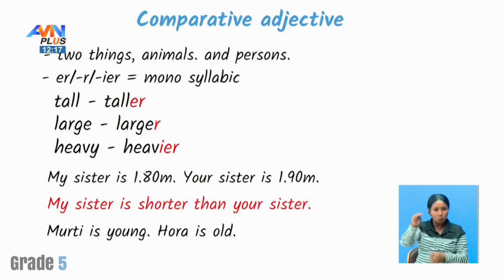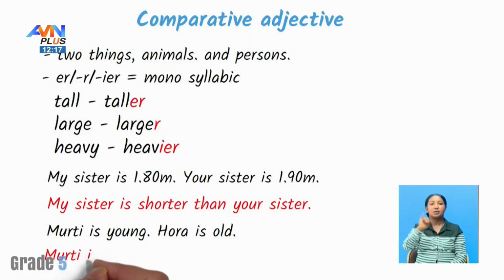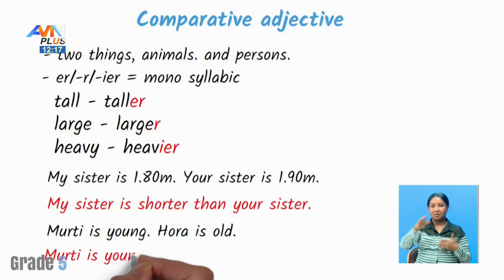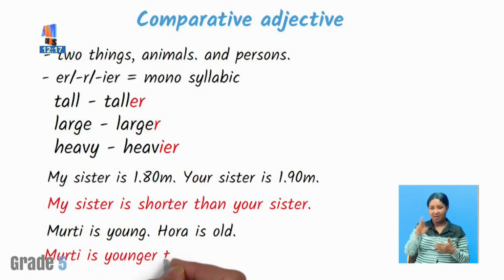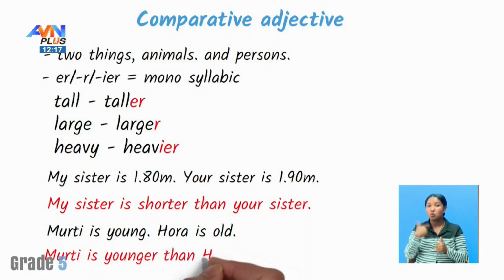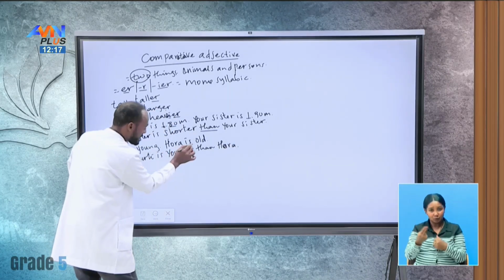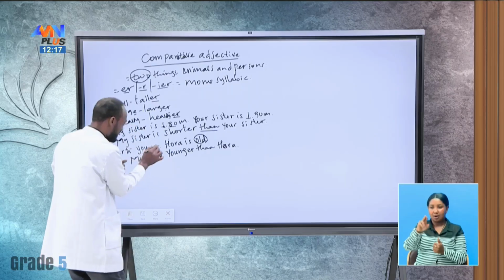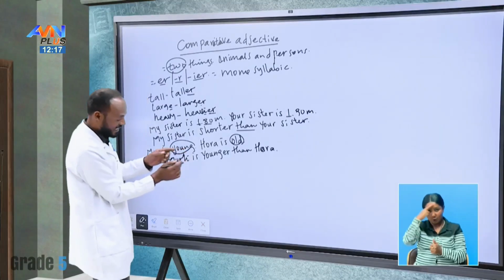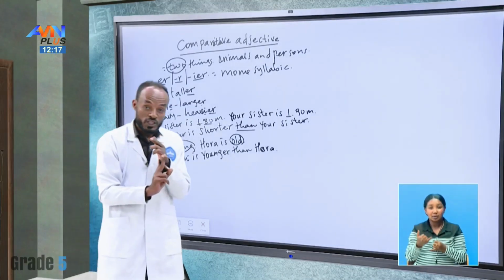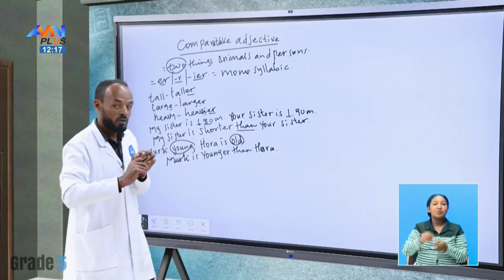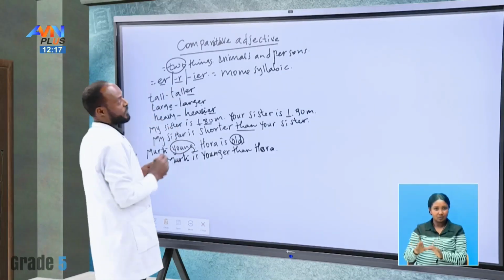Murti is younger. Younger than Hora. In this sentence, we have to use just ER because it is ended in G. If it is ended in E, we have to add only R.